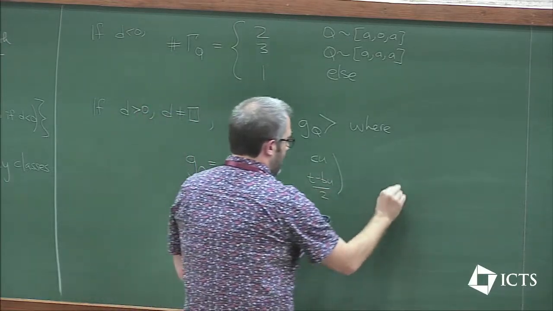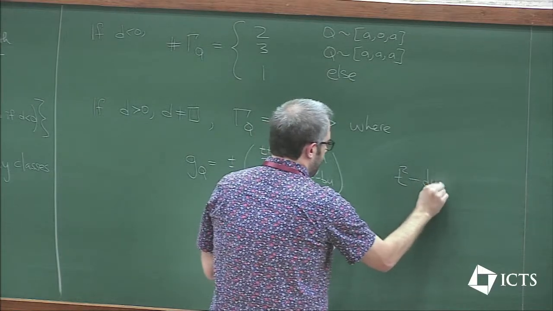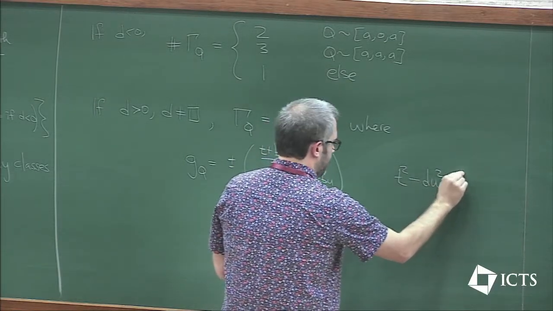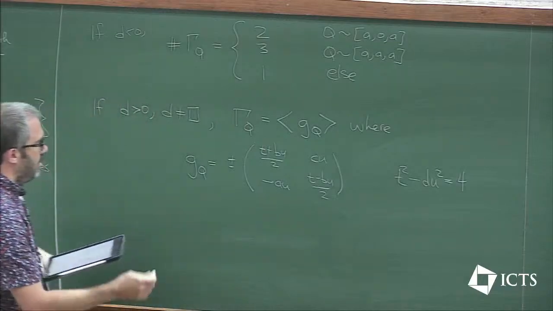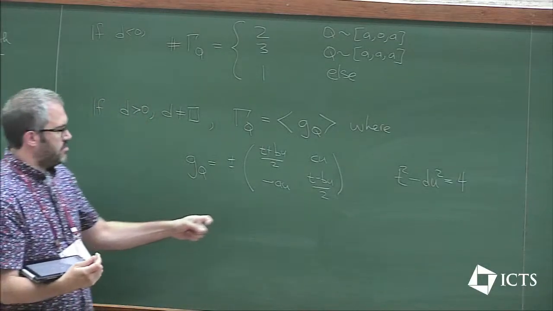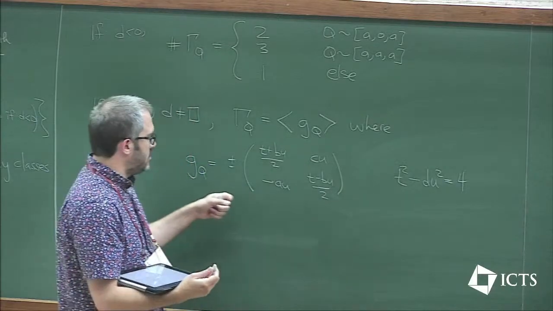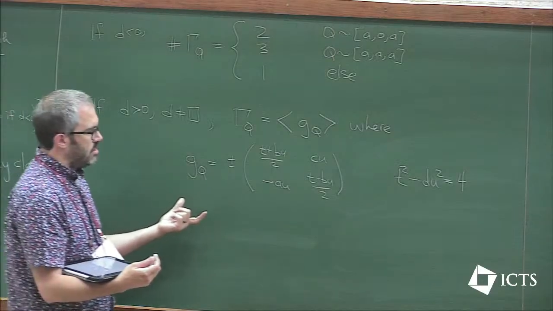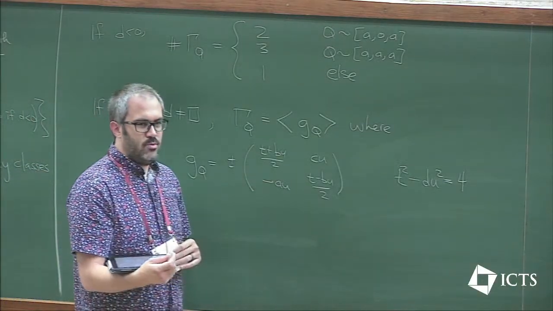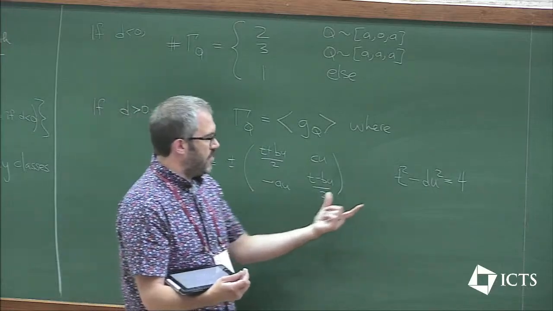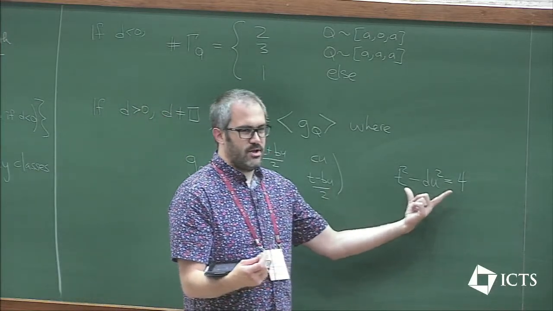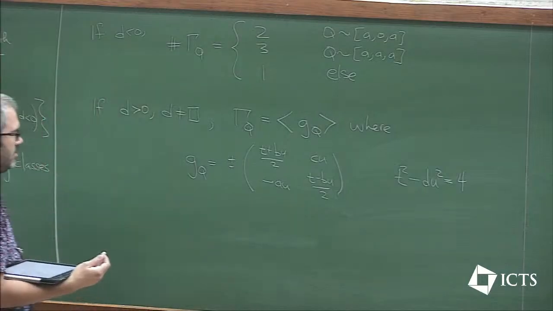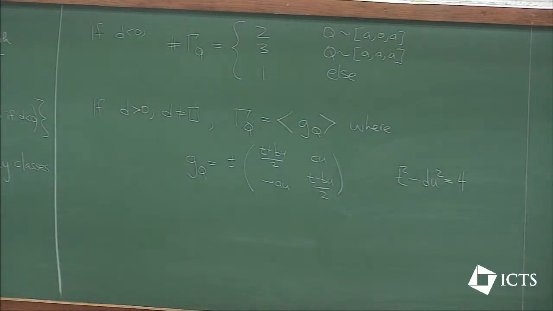And t and u solve a Pell equation: t squared minus d u squared is equal to 4. It's not too surprising that this Pell equation shows up, because in the positive d case, you get quadratic forms which relate to real quadratic fields. And in real quadratic fields, there's a fundamental unit which generates the unit group, and the coefficients of it are exactly given by the Pell equation. So this is not too surprising.